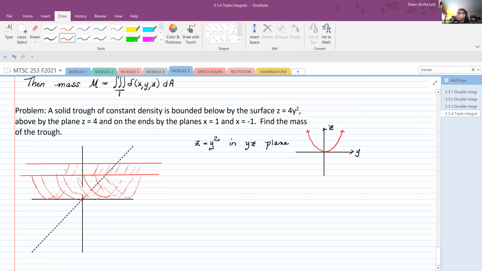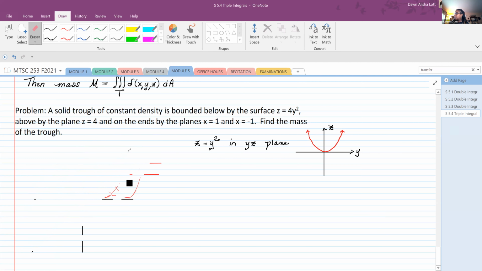In the Y direction, because there's no... I drew that wrong. It's altogether wrong. You could see it real well, but it was altogether wrong.